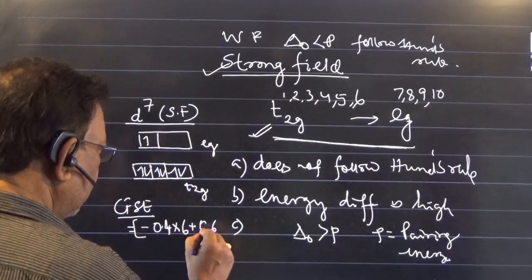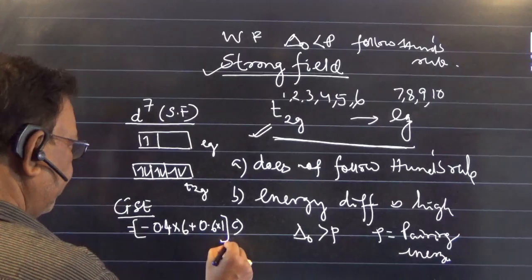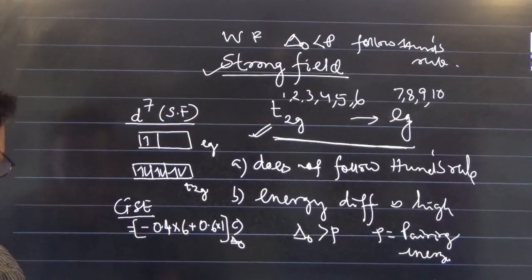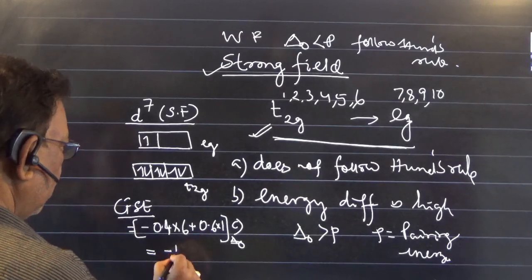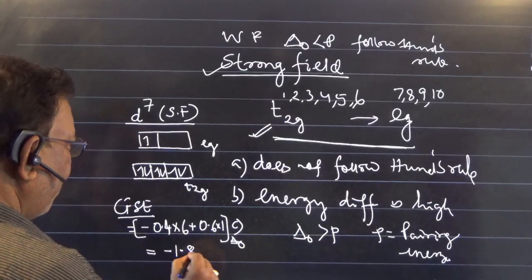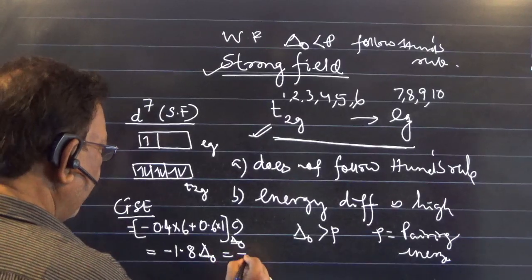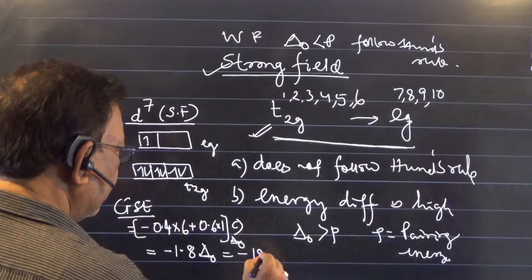How much did it come? Minus 1.8. Minus 1.8, that is equal to minus 18 Dq.